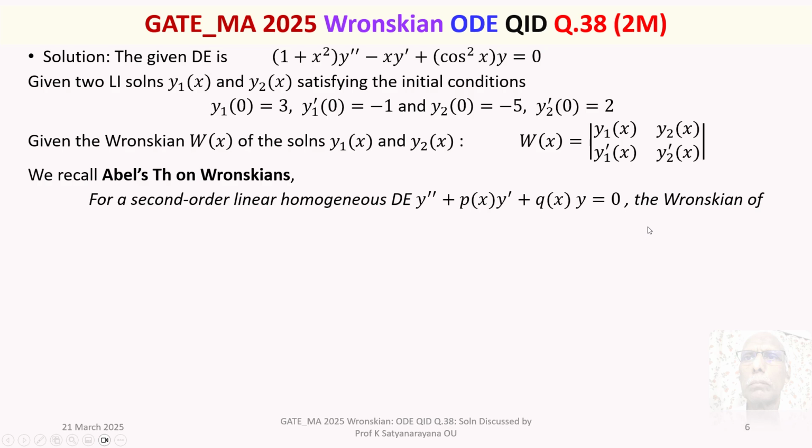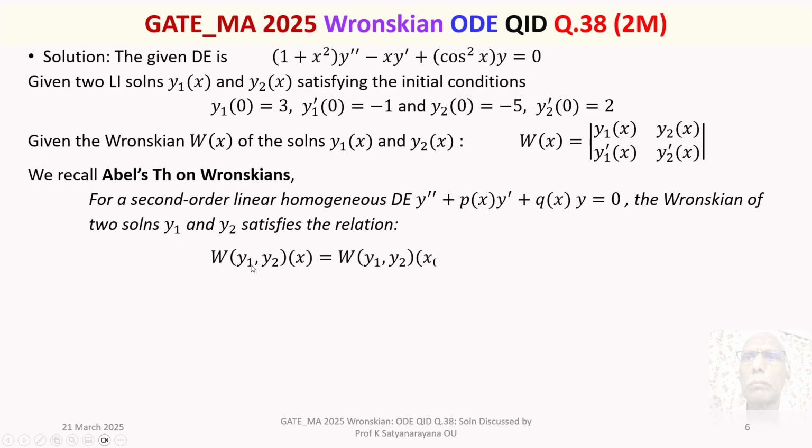For this differential equation, the Wronskian of two solutions y1 and y2 satisfies the relation: W of y1, y2 at x equals W of y1, y2 at the initial point x0 multiplied by e to the power minus integral from x0 to x of p of t dt, where p of x is the coefficient of y prime.